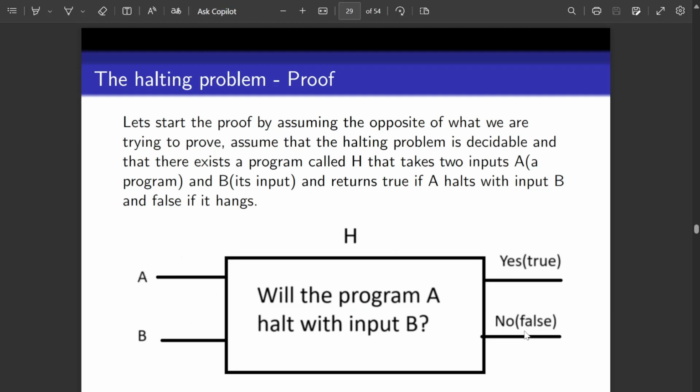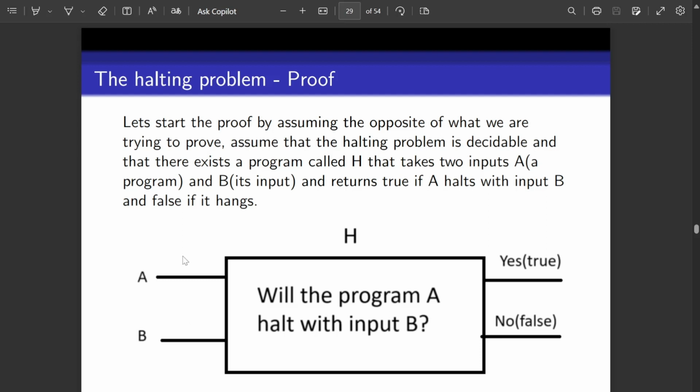Okay, so let's start the proof by assuming the opposite of what we are trying to prove. We're going to do this by contradiction. So assume that the halting problem is decidable, and there exists a program called H that takes two inputs. A is a program, and B the input of A. So the overall program H returns true if A halts with input B and false if it hangs.